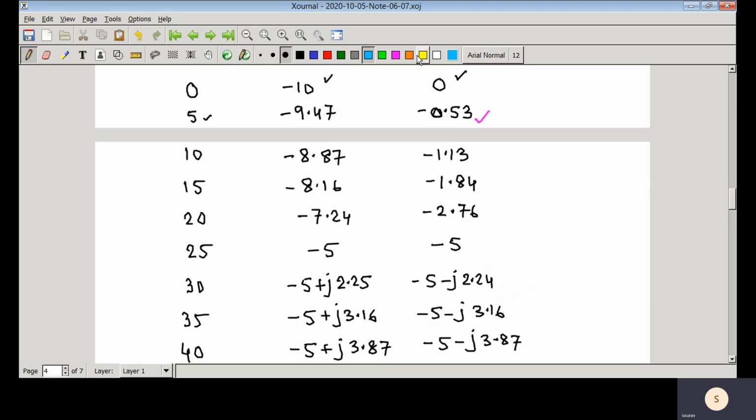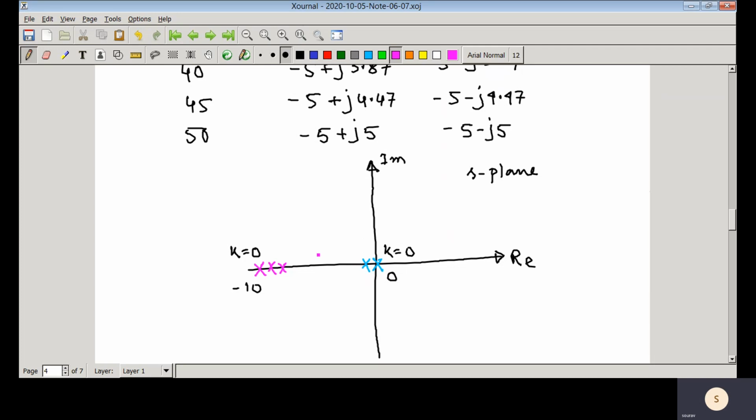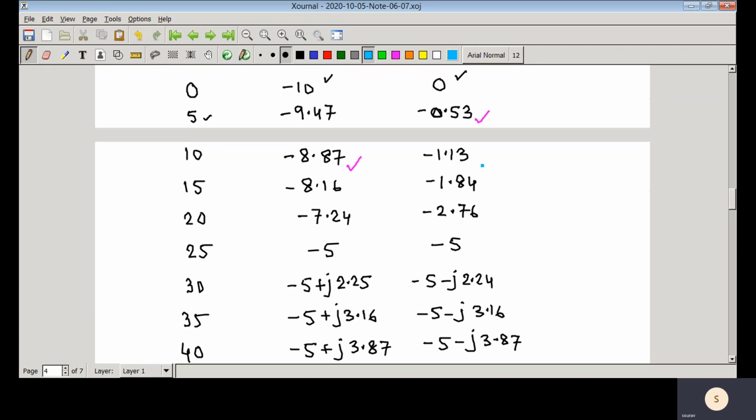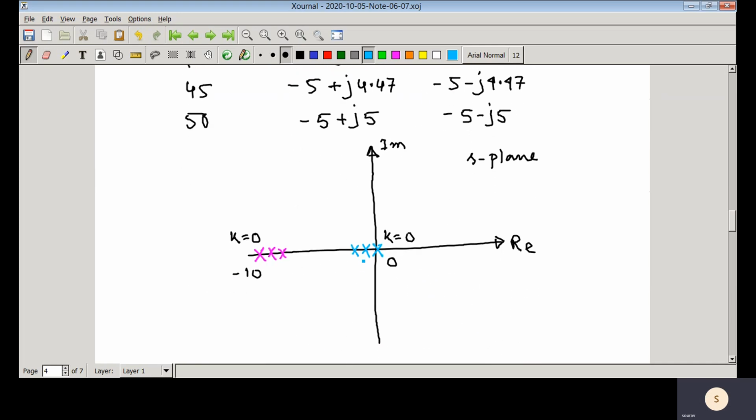Then if we look at the third one, again it is increasing, minus 8.87, so it is here, and we can see this pole is moving along that direction, minus 1.13, so it is here.